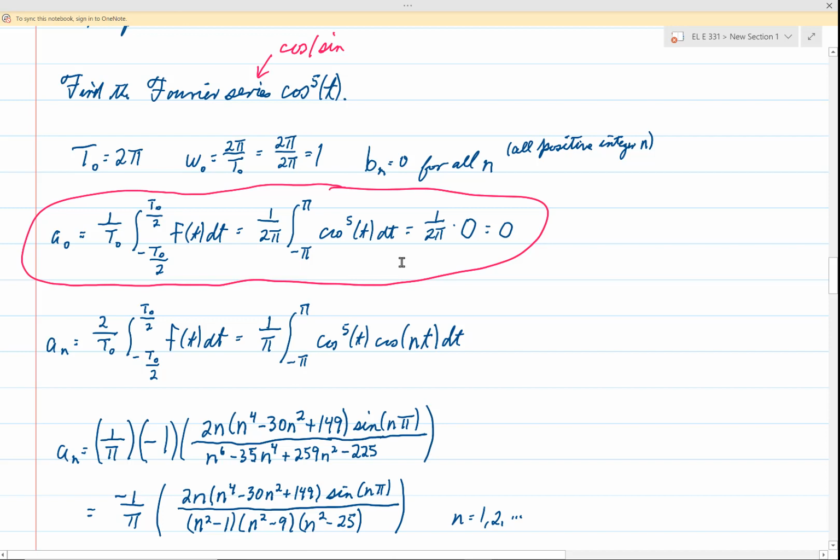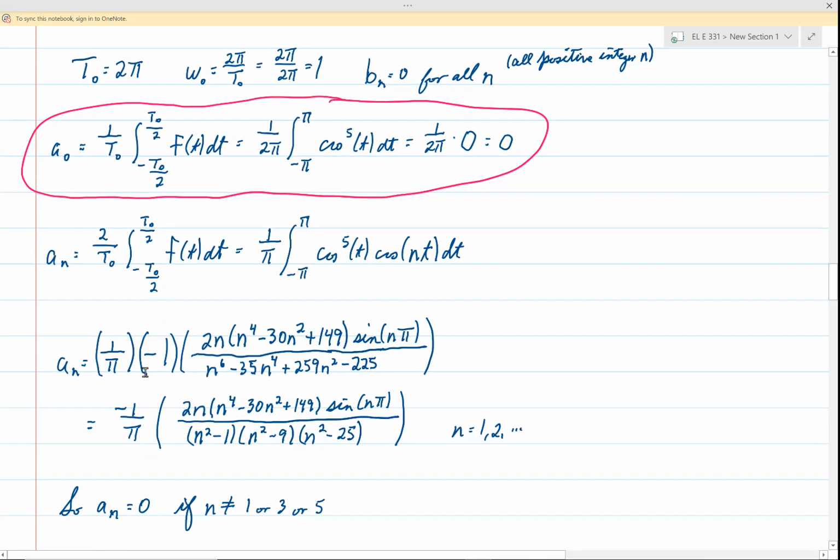And again, since we're looking at the Fourier series of cosine to the 5th, we would expect, maybe based on what we did before, that we will come up with the odd frequencies. In other words, cosine t, cosine 3t, cosine 5t, etc. So that leads us to believe down here that maybe 1, 3, and 5 would be roots.